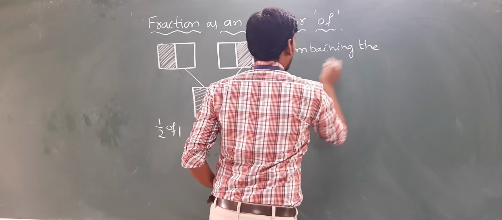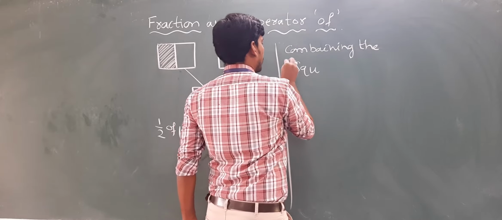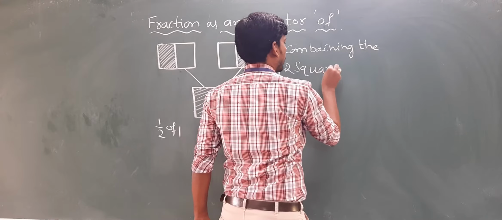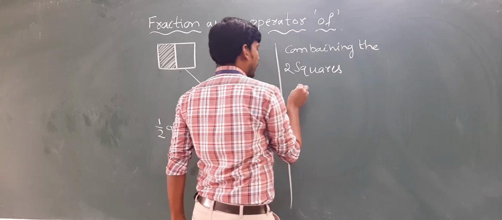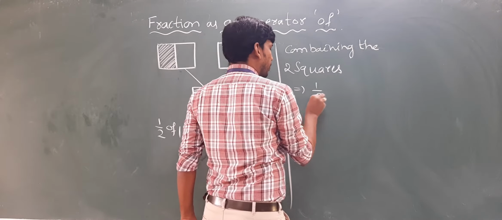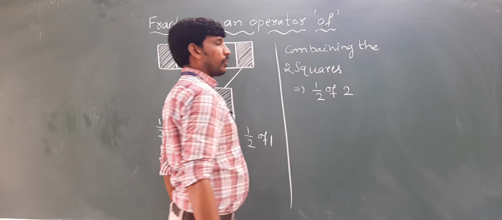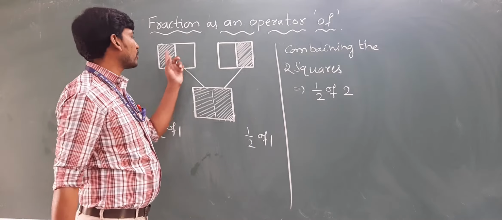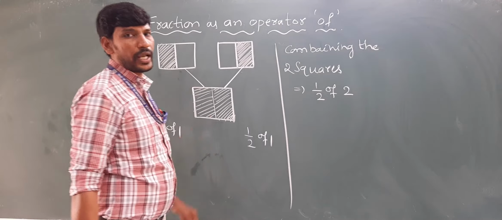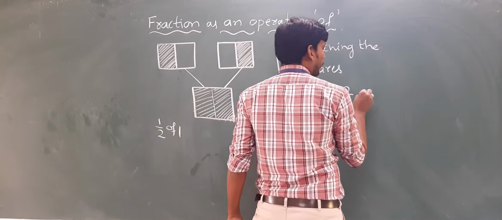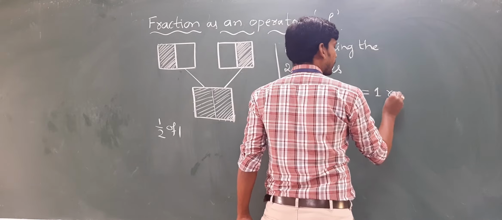Combining the two squares, what are you going to get? 1 by 2 part of 2 squares. 1 by 2 part of 2 squares. These two squares, what are you going to get? Which becomes 1.